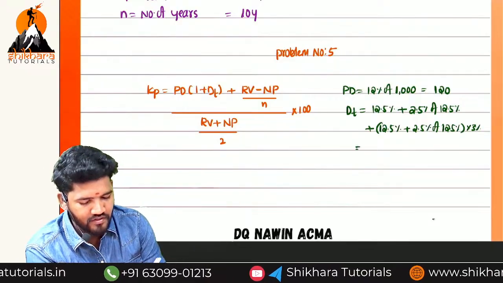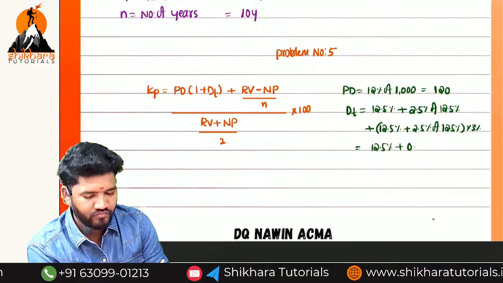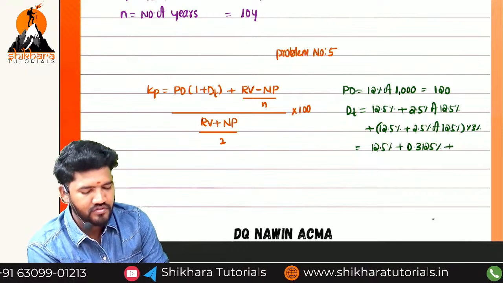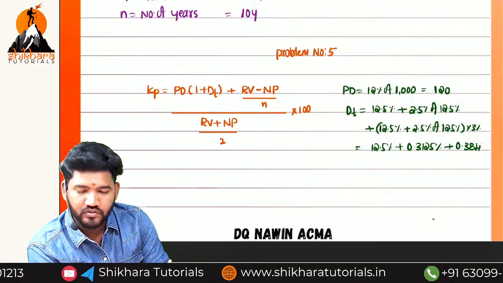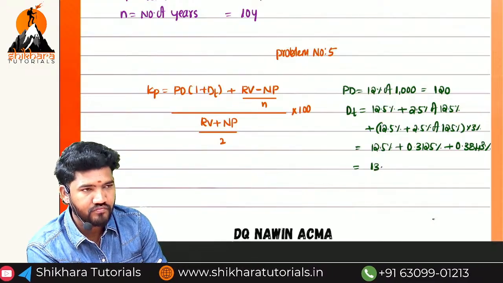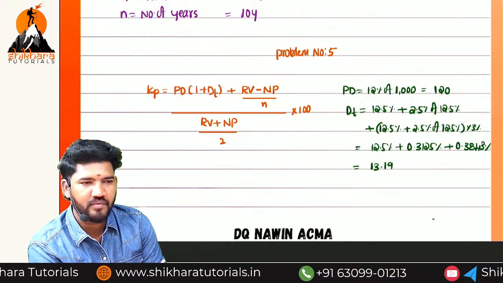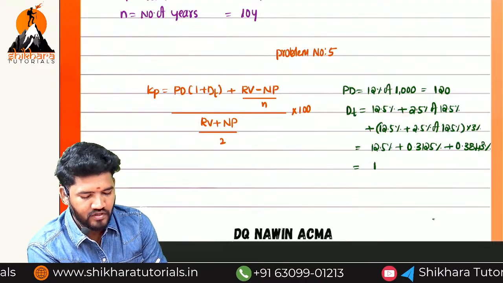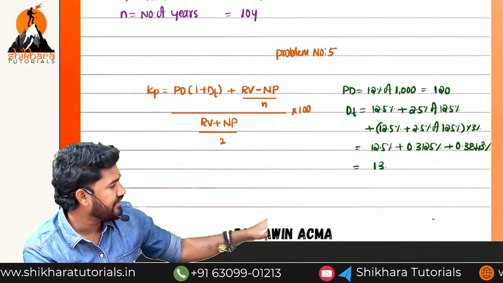Now tell me the values: 12.5% plus 0.3125%, plus 0.3843%. Now the sum of all percentages: 13.19. Don't use your brain, use your calculator, please. Percentage I want, 13 point. Add this 3.